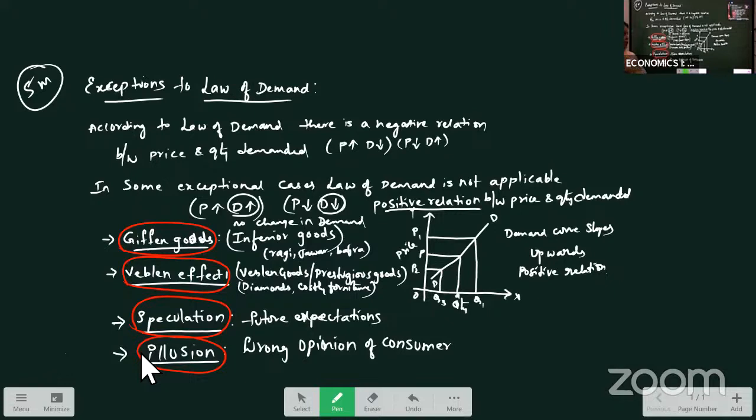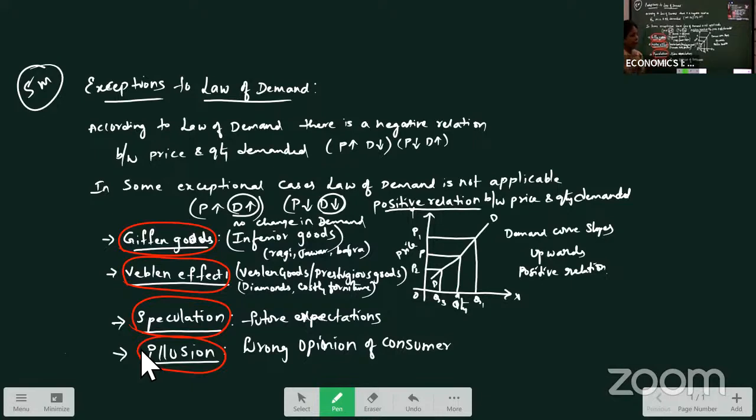So after these exceptions, we are going to discuss a few more topics, income demand, cross demand and all. Just go through this once. So hope you all understood this one.